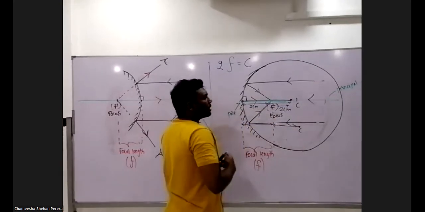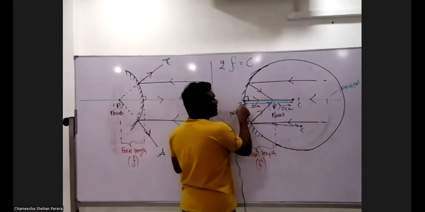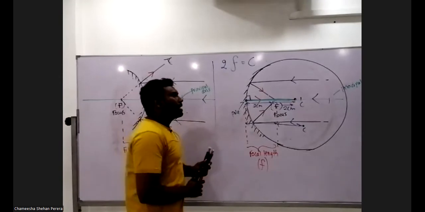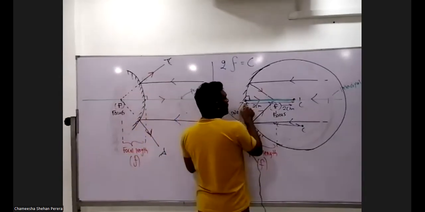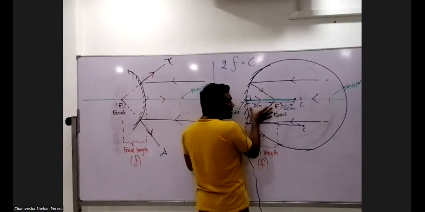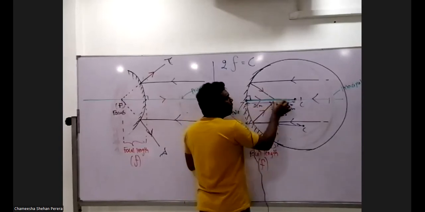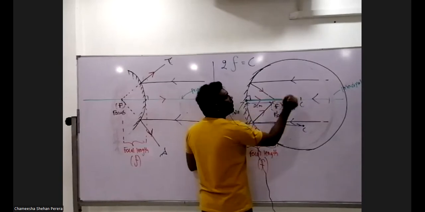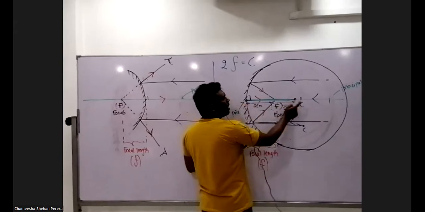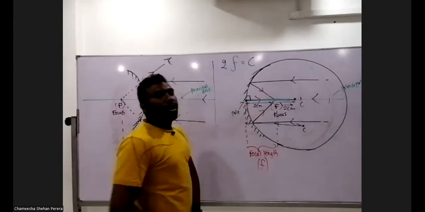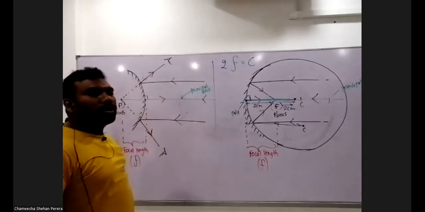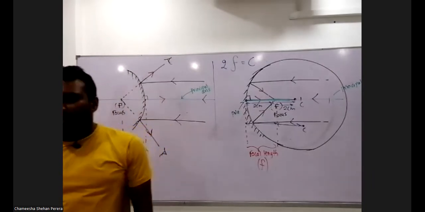So the total distance from the center of curvature to the surface of the mirror would be 4 centimeters. Keep that in your mind thoroughly, right? So from the pole to the focal point it is 2 centimeters, and from the focal point to the center of curvature it is also 2 centimeters, so altogether 4 centimeters from the pole to the center of curvature of the curved mirror. It could be this or even this, for both the same. Can you understand that part?